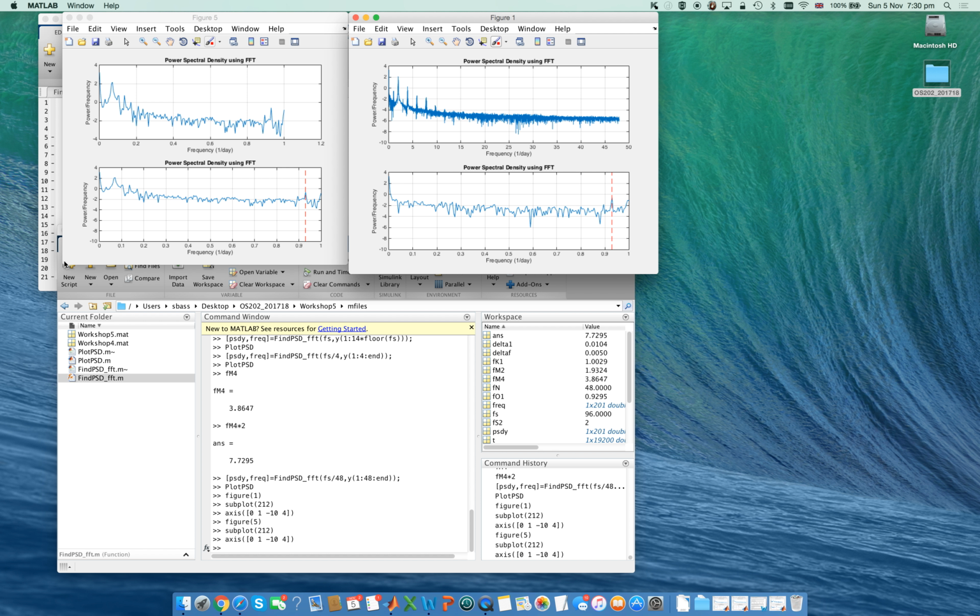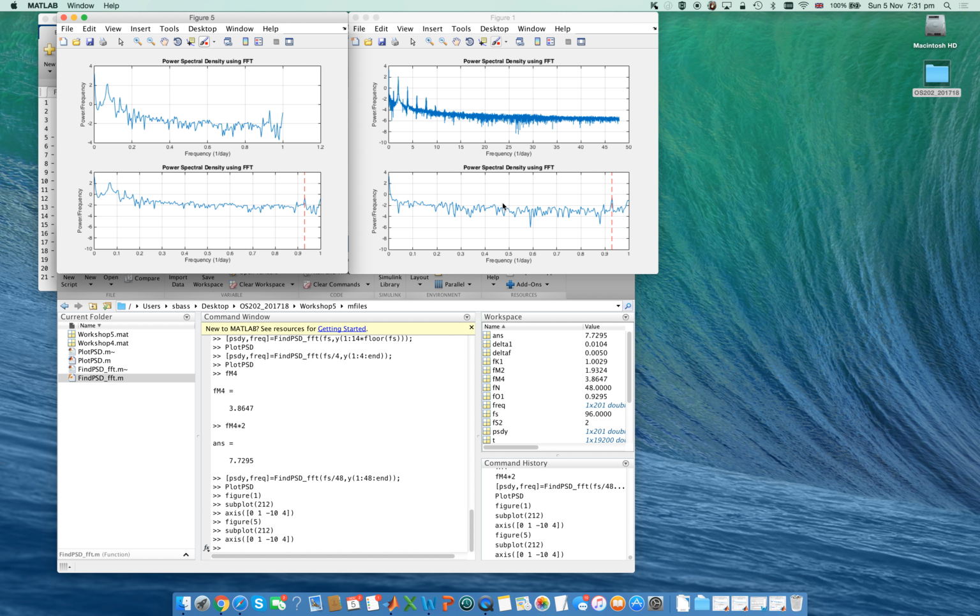It looks a little bit noisier. That's expected, since we've got the full time series here. But what's happening when we move to lower frequencies is that we're getting this additional peak here, which is not apparent in the original, and we can see it's under 0.1.